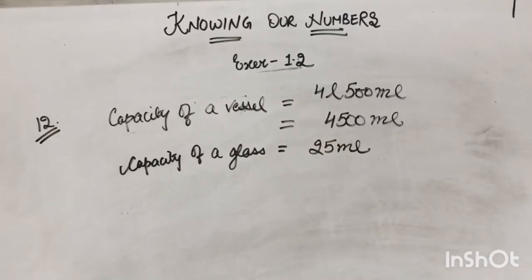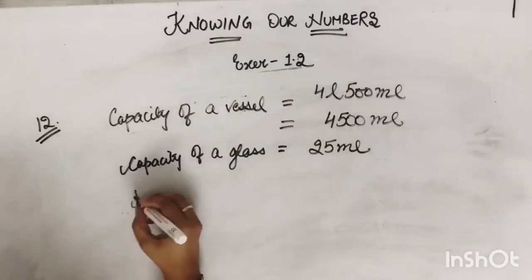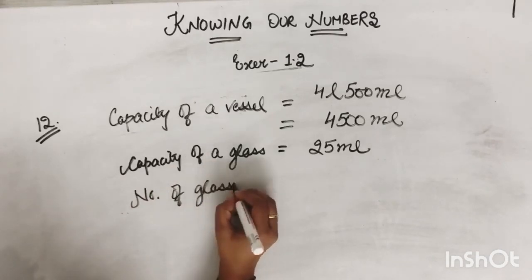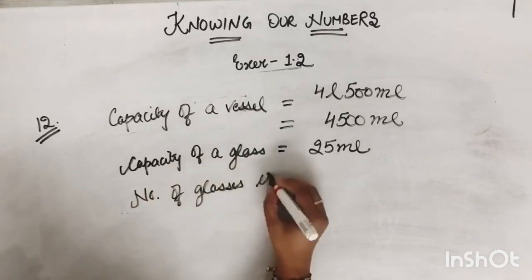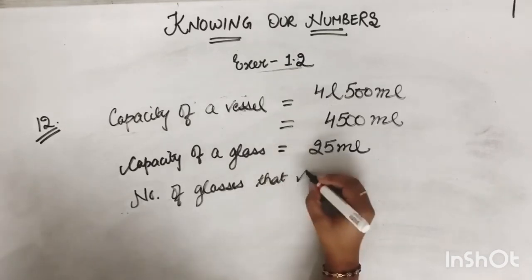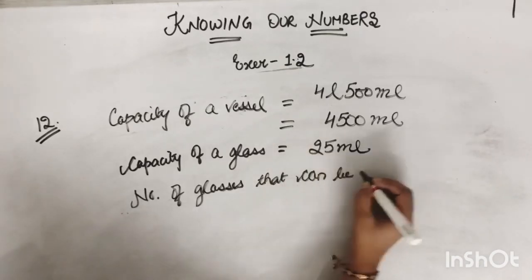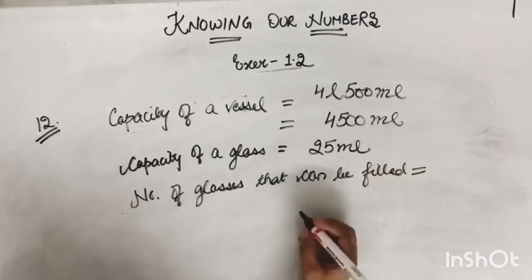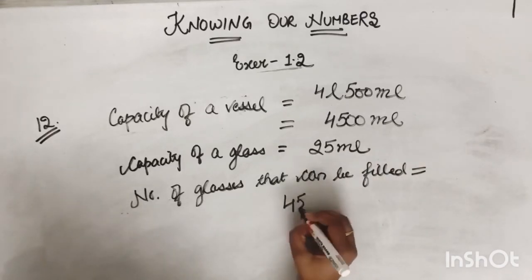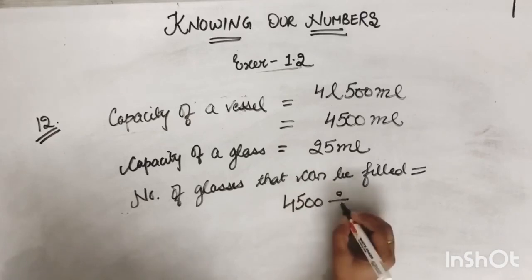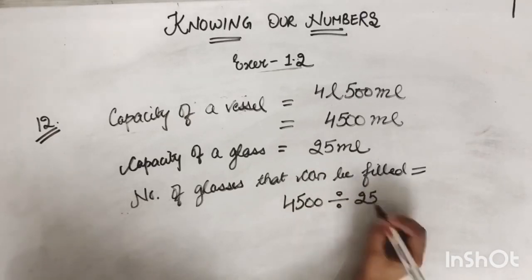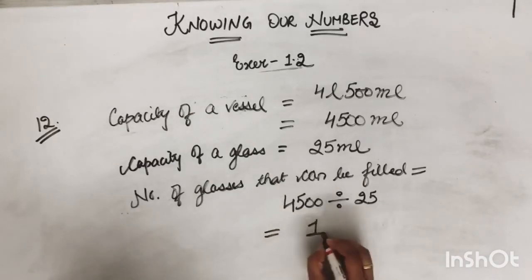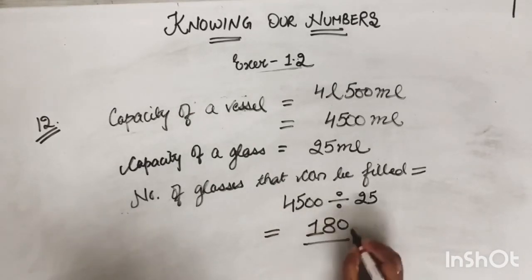Number of glasses that can be filled. We can find the number of glasses by dividing both the numbers. 4500 divided by 25. You will get the answer 180.